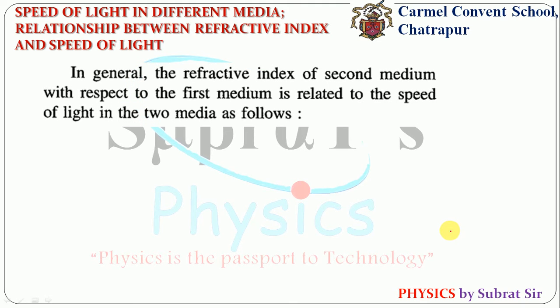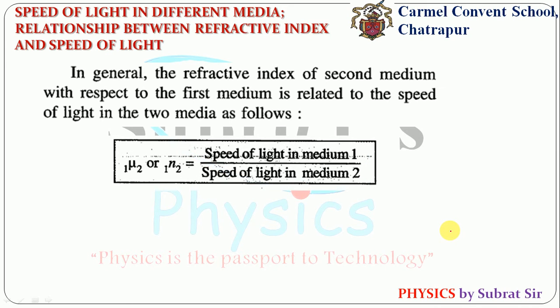The refractive index of the second medium with respect to the first medium is related to the speed of light in the two media as follows. We can write 1 mu 2 as the speed of light in medium 1 divided by the speed of light in medium 2. So what is the meaning of 1 mu 2? That means speed of light in medium 1 divided by speed of light in medium 2.